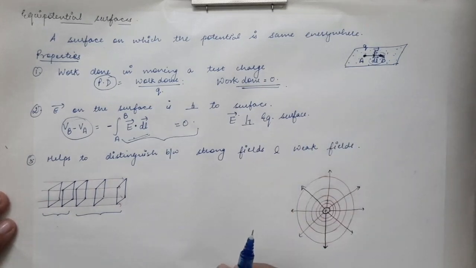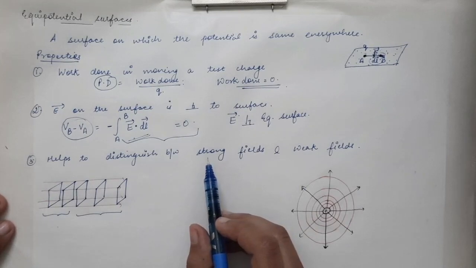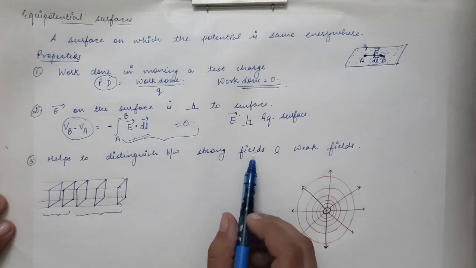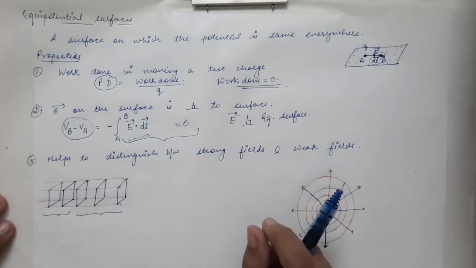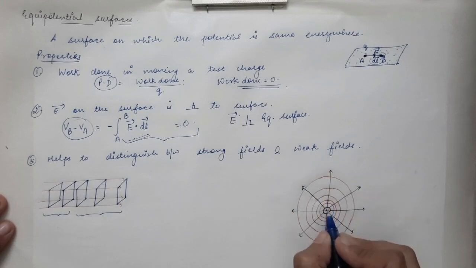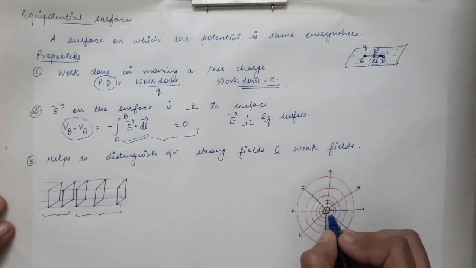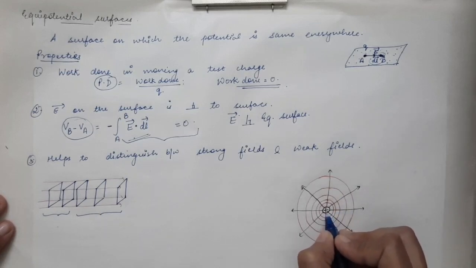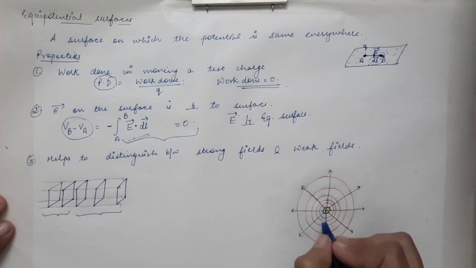Now the last property is that equipotential surfaces help us in distinguishing between strong fields and weak fields. This property is similar to that of electric field lines. For example, if you have a point charge, the electric field lines will originate from this positive charge and move away.